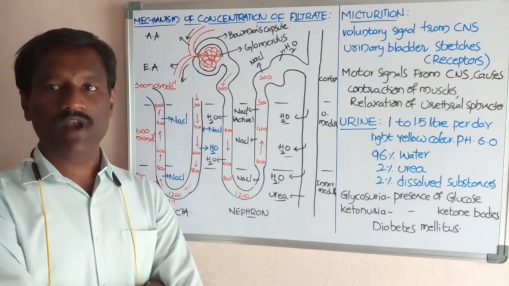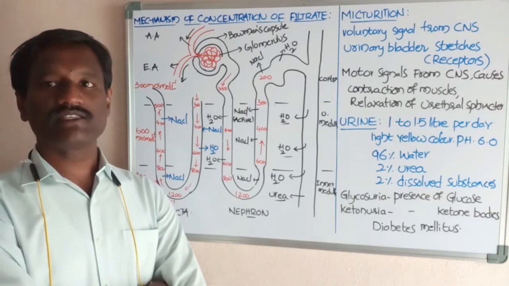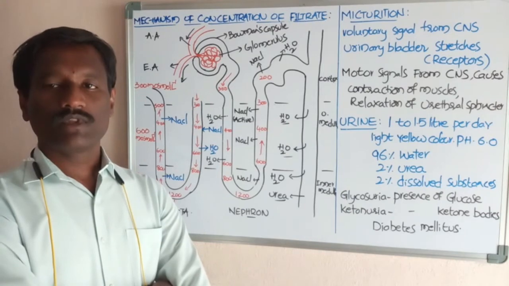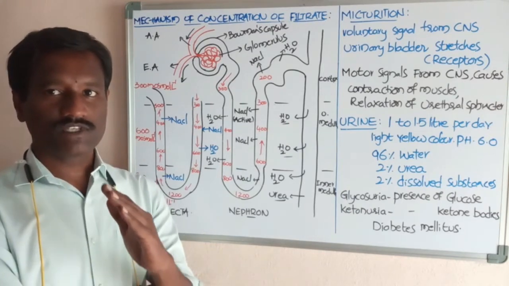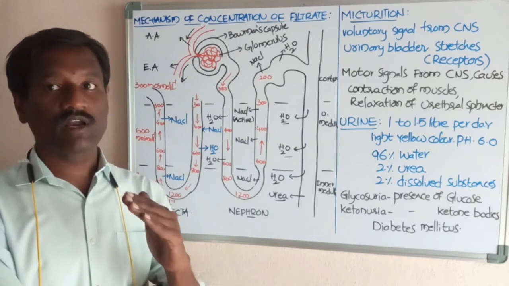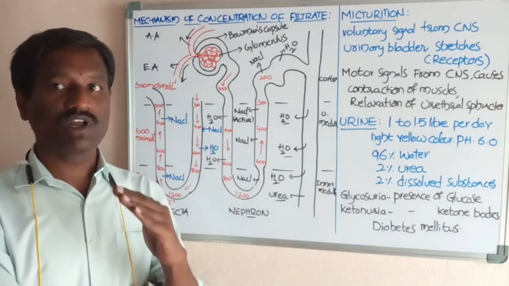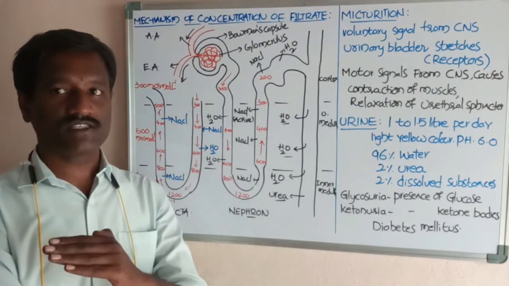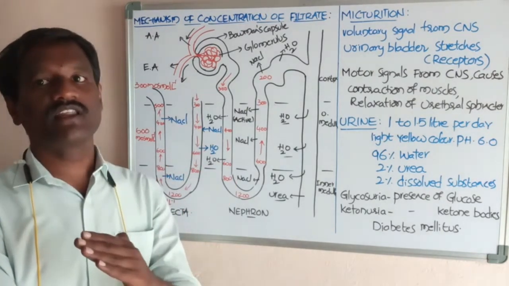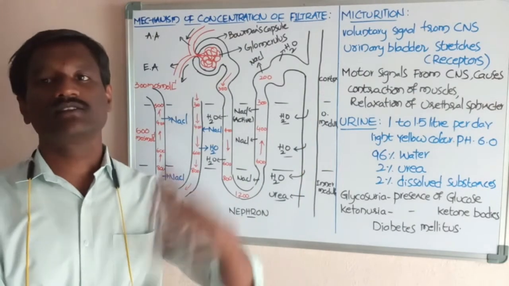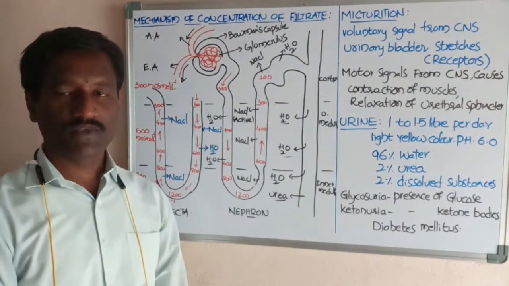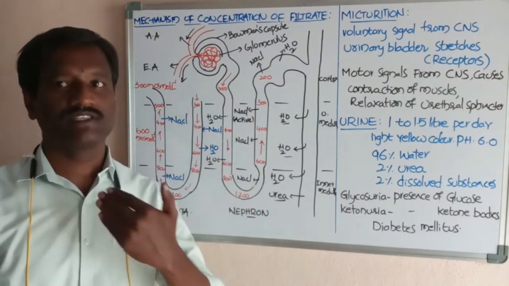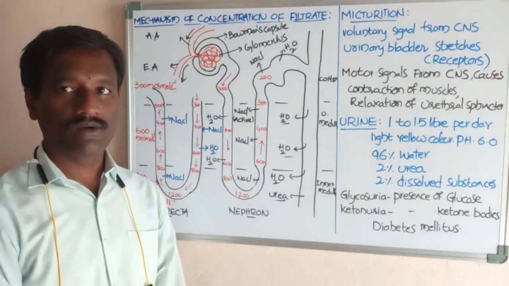When the urinary bladder fills with urine, the stretch receptors present in the walls of the urinary bladder send signals to the central nervous system, and the central nervous system sends motor messages to the urinary bladder.